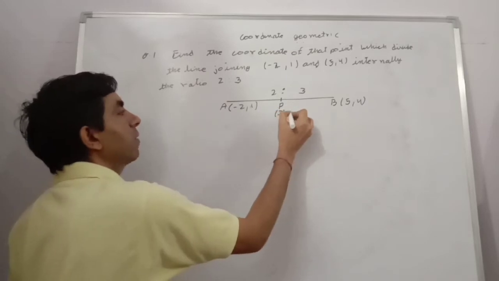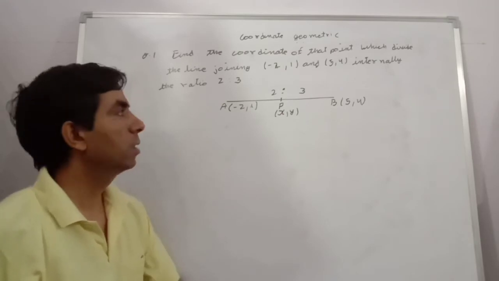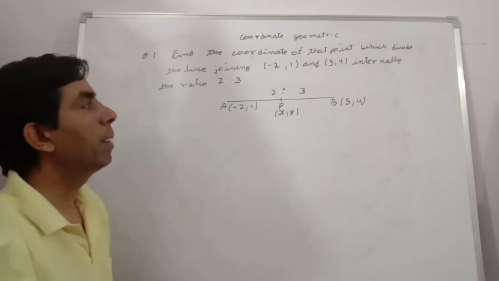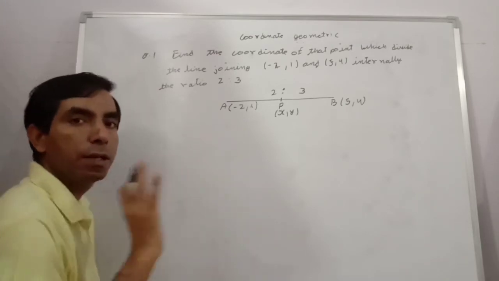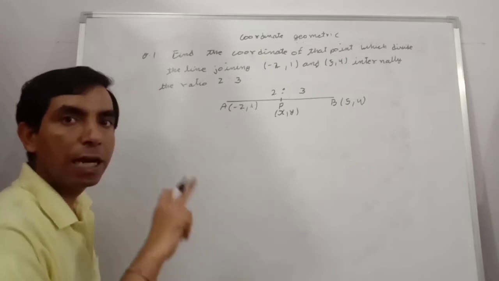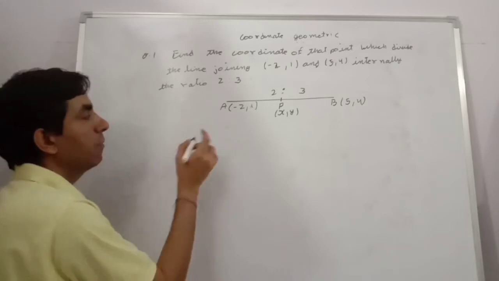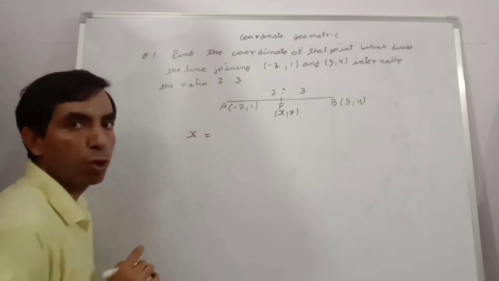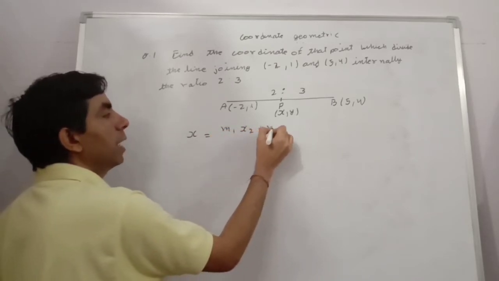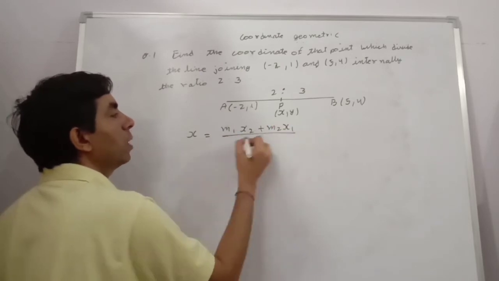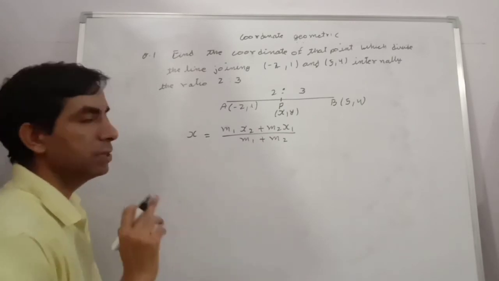Suppose that it is (x, y), because generally we do not have the coordinate, so we suppose the coordinate is (x, y). So by the section formula, we have a formula for finding the coordinate of any point which divides the line internally and externally. First, if a point divides internally, then the formula for the x coordinate is (m1 x2 + m2 x1) upon (m1 + m2).